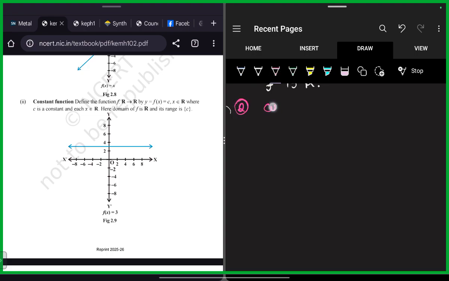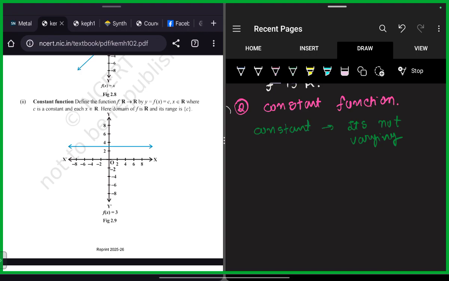Now let's discuss a constant function. The graph of a constant function. So first of all, what do you mean by constant? Constant means it's not a variable, right? It is not varying. You cannot change it.